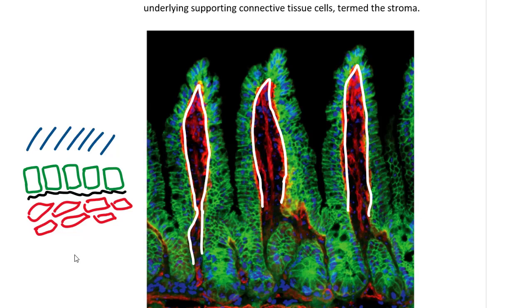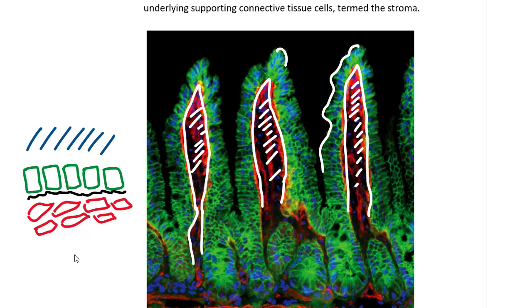So the stromal cells are here. These are where the stromal cells are, and this is where all the nuclei are from the stromal cells. And the epithelial cells are all the green. So everything here, like all this stuff, is the epithelial cells. A lot of epithelial cells, okay? And now you can kind of see the structure of the tissue, right? Because you have the epithelial cells facing the cavity, because the cavity is right here.